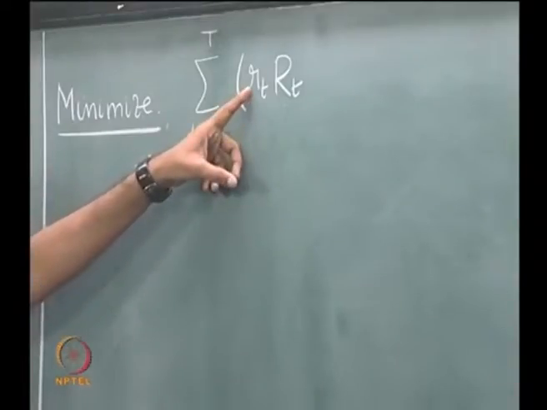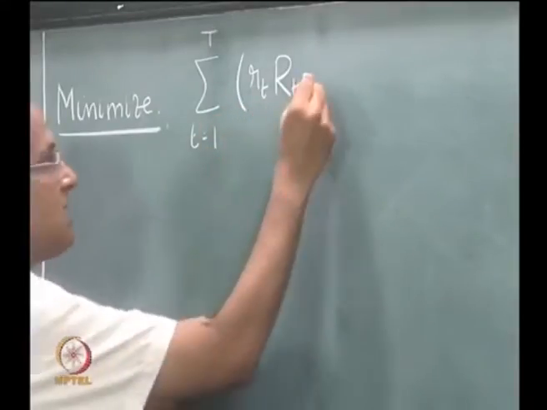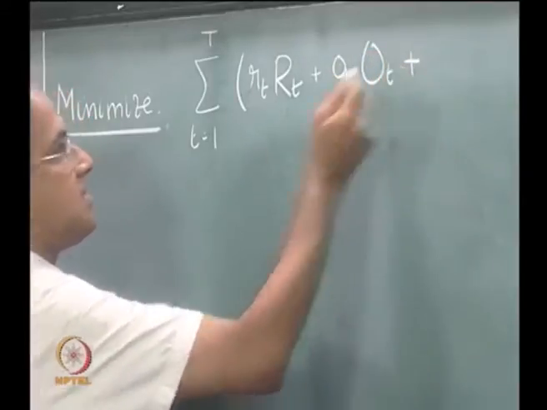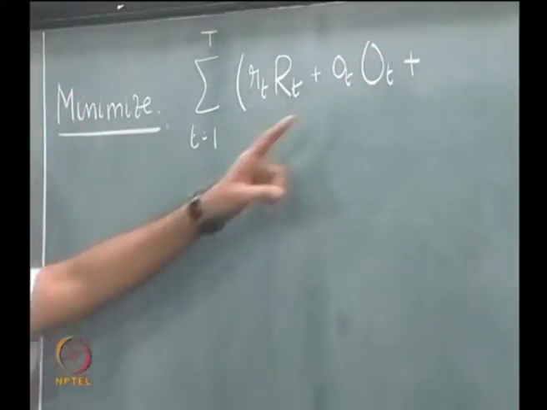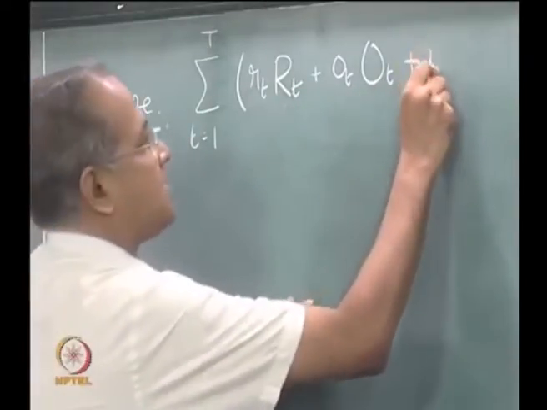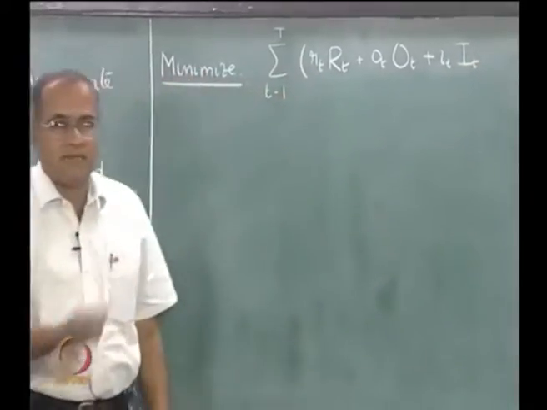Otherwise, we can simply put an R if it is the same for all the periods. So, this represents the regular time production cost, plus OT into OT, this represents the overtime production cost, this is the variable, this is the unit cost, plus IT into IT represents the cost of holding the inventory.